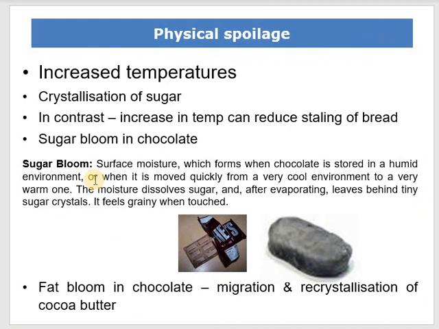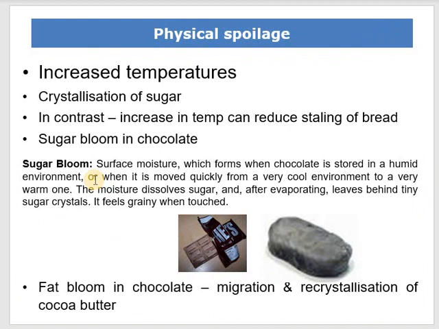Another concept in terms of increased temperatures is sugar bloom. Sugar bloom takes place in chocolate when the chocolate is stored in a humid environment. The humidity gets into the surface of the chocolate, it then dissolves the sugar, and that sugar moves to the surface.